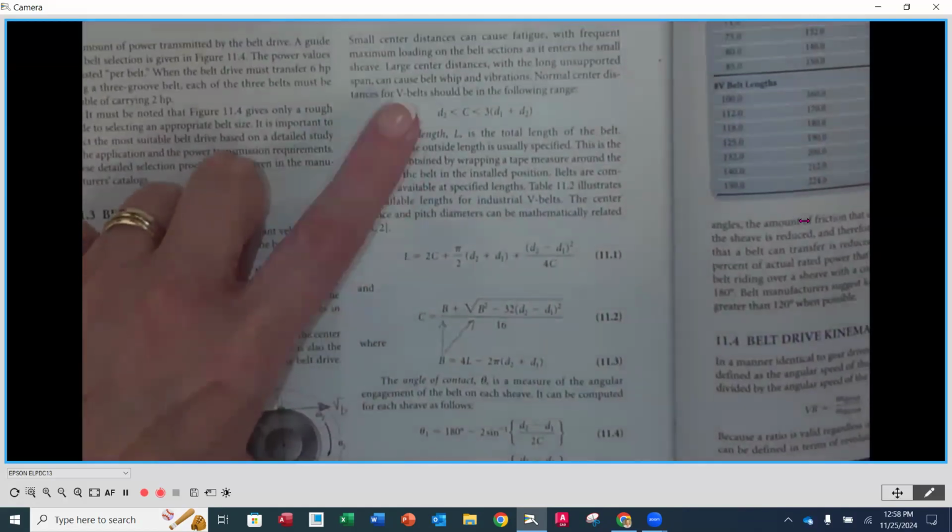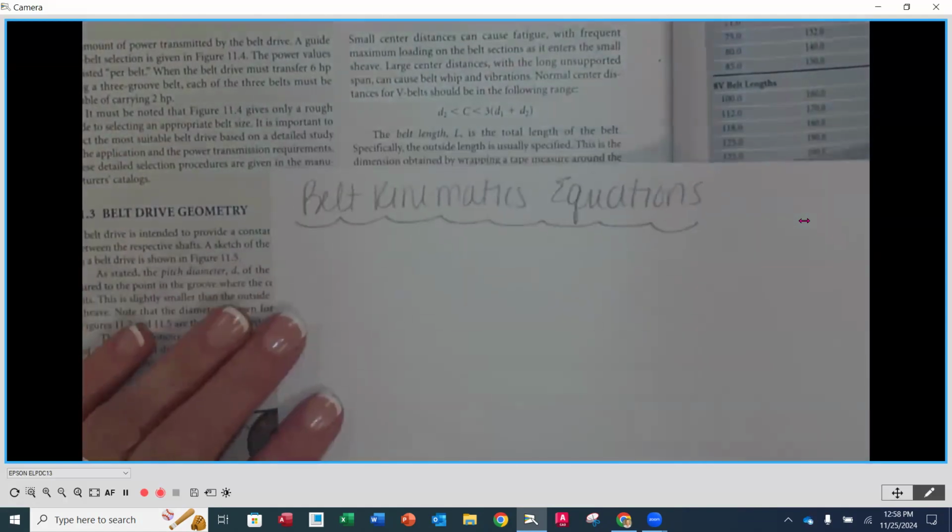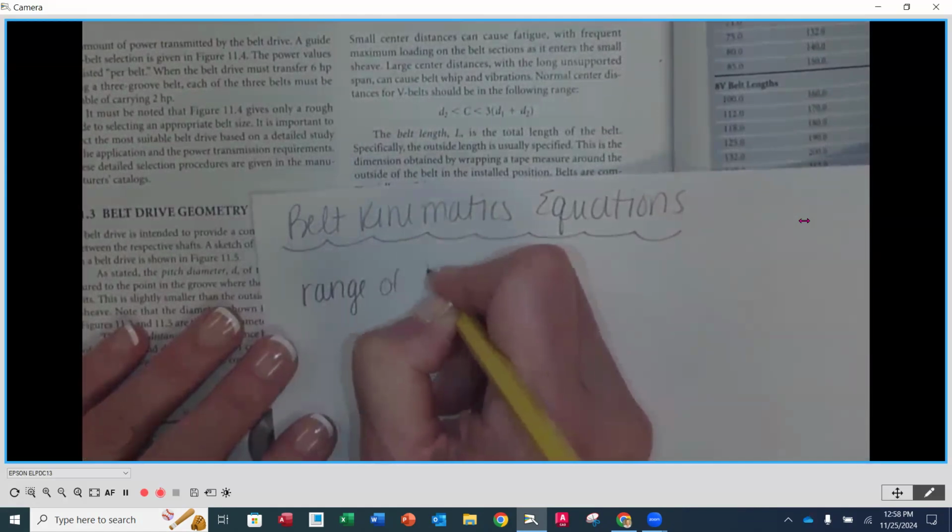The first one that we have on page 304 is this range for which our center distance has to fall. So this is going to be the range of center distance.